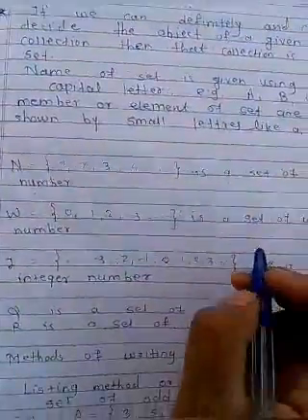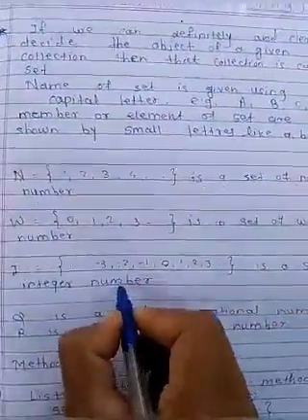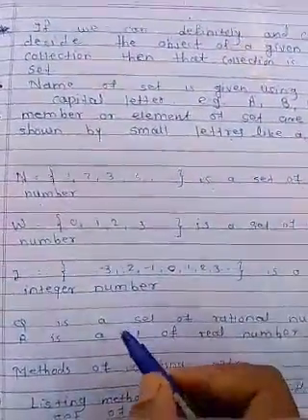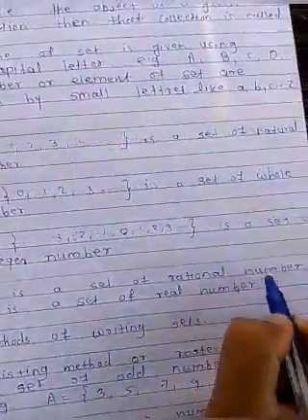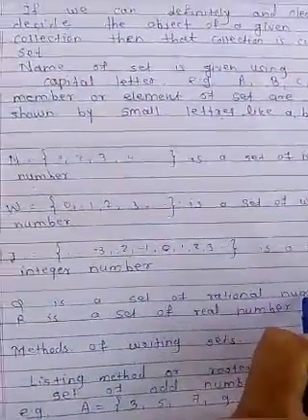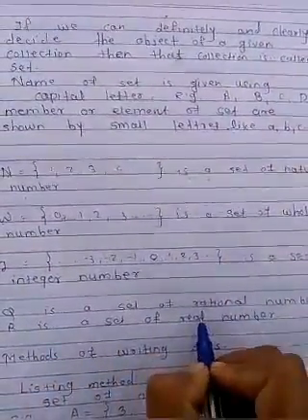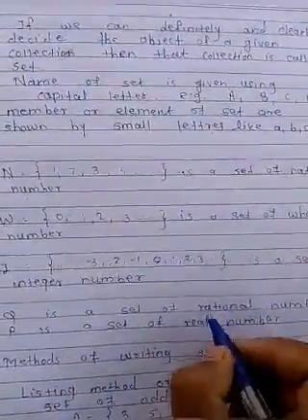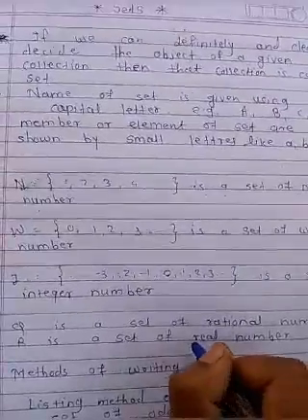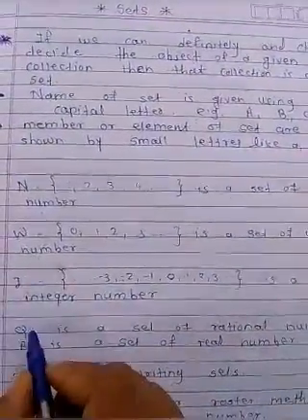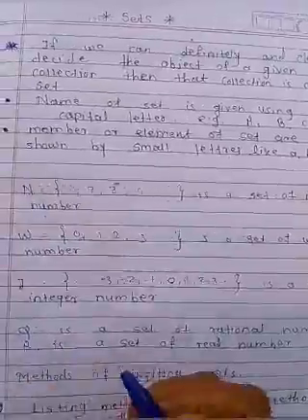These numbers are called integer numbers. Now Q is the set of rational numbers and R is the set of real numbers. Means rational numbers and real numbers are shown by the capital letters Q and R.